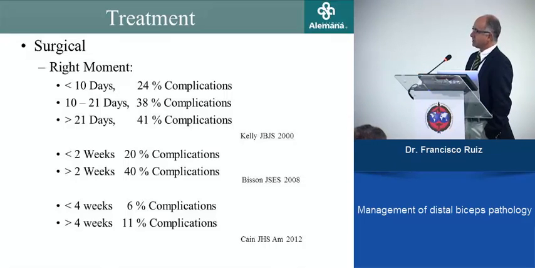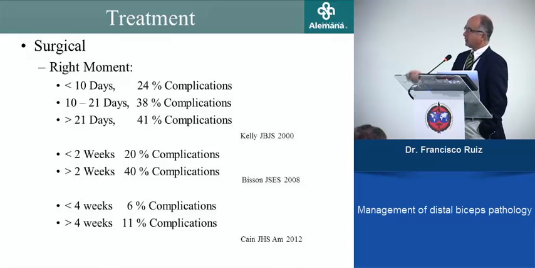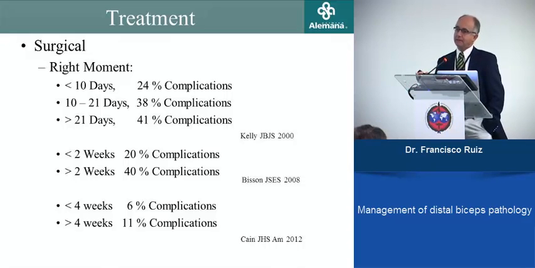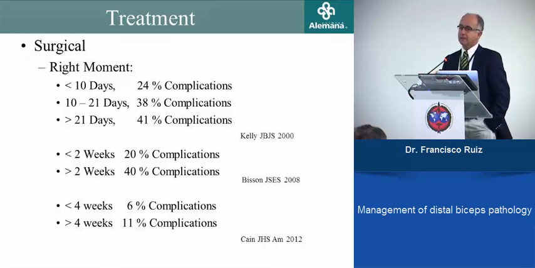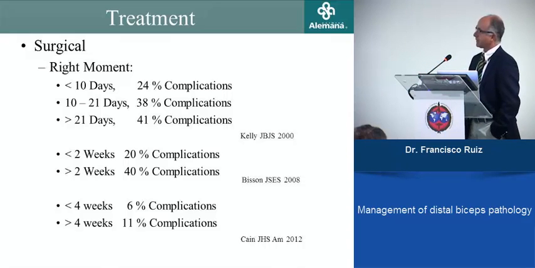And in the last publications, the complications before 4 weeks are only 6%, and they can rise almost double. They all have in common that if you wait a longer time, the surgery will be more difficult and the complications will rise. In none of the studies do they rise almost to the double.